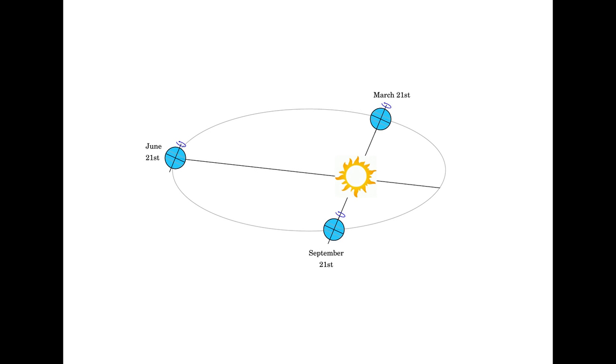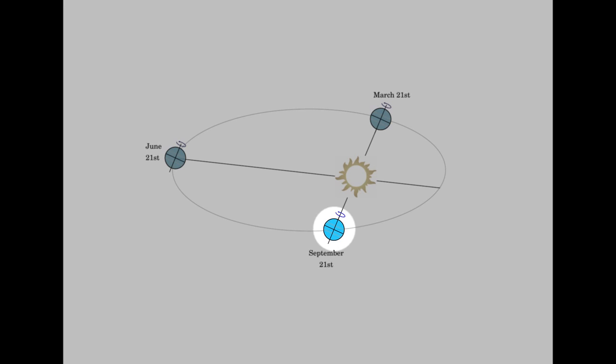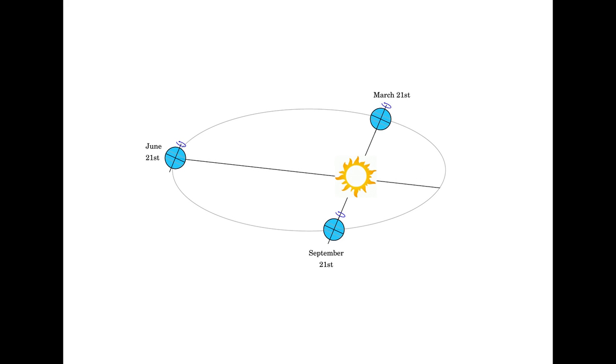Of course, some literature says September 22nd or September 23rd, but for easy remembrance, I will keep it at September 21st. And then going further along, you will see that this is another important point, and I will mark that by another picture of the Earth, and this occurs every year on December 21st.